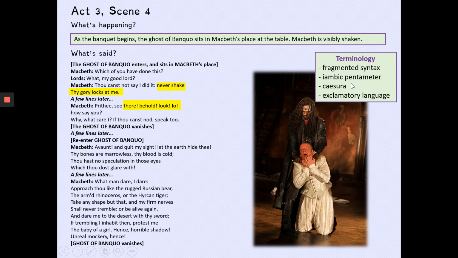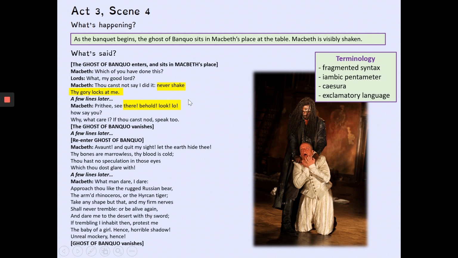The iambic pentameter, that if you remember from an earlier lesson, is the way that noble characters speak. That's been broken too, because prithee, see there, behold, look low. Well, that's not got 5 metric feet in it. So the rhythm that Macbeth should be speaking in as a king has been broken.